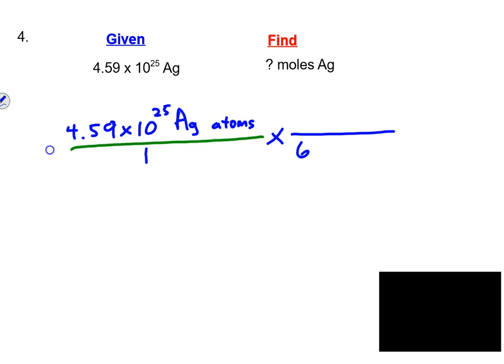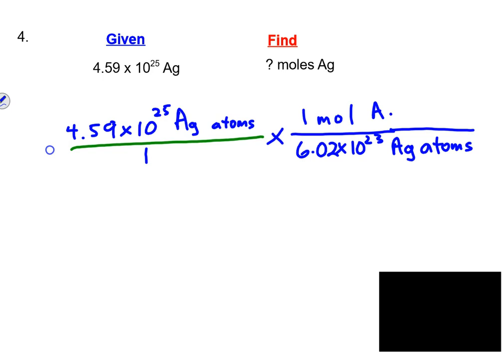Mr. Avo? And his famous avocado sandwiches. Avocado? No, whatever. 6.02 times 10 to the 23rd, and this is silver atoms, right? That's the particle. And on the top we have 1 mole. Yep, just like you said, of silver atoms.